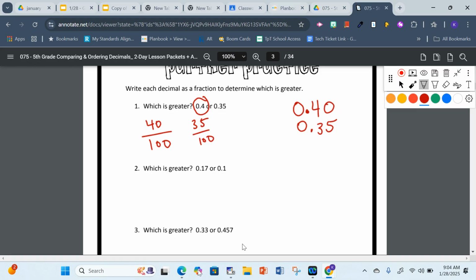I want to show you this on a number line also, guys. I have 3/10 and I have 4/10. Okay, and this one's going to be 35/100. So I came over 3/10, and this is going to be where 35/100 is.